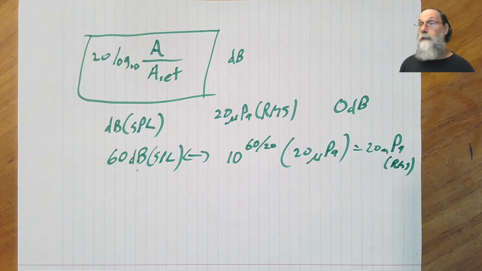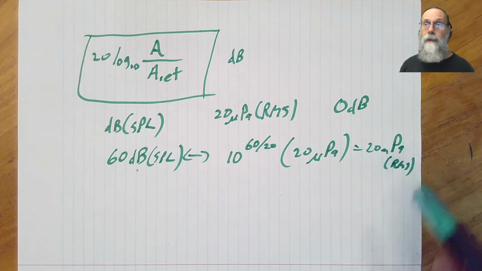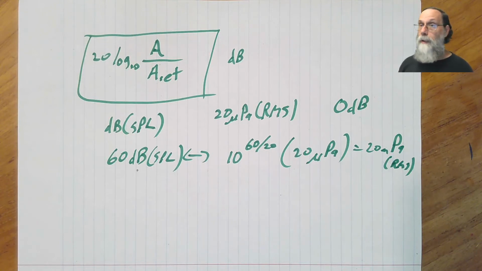So it's very simple to convert back and forth between sound pressure levels expressed in decibels and pressures expressed in pascals. You may notice that this is millipascals, and when we were looking at the blood pressure sensor, we were looking at kilopascals. There's a huge difference between them.